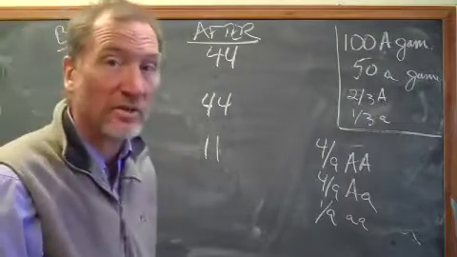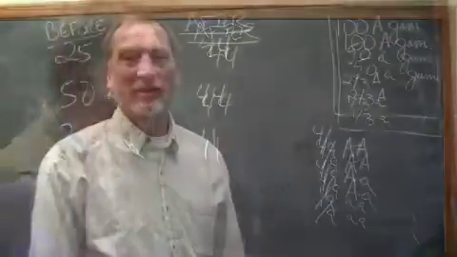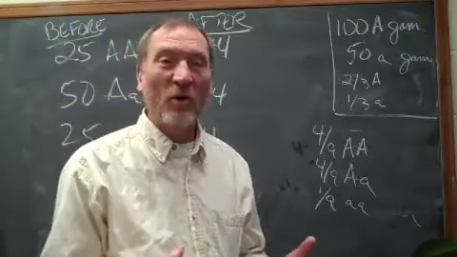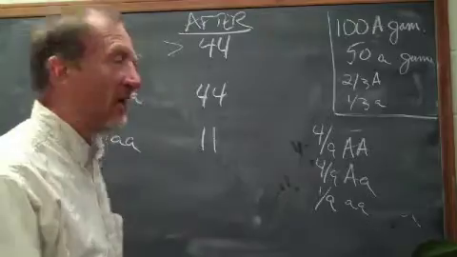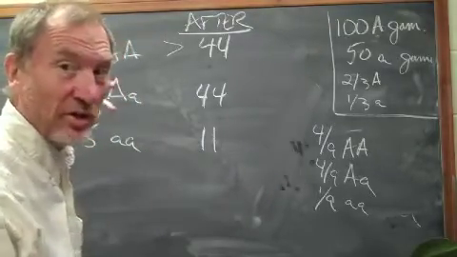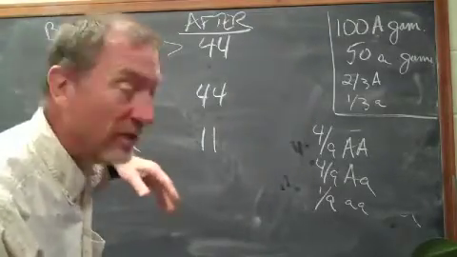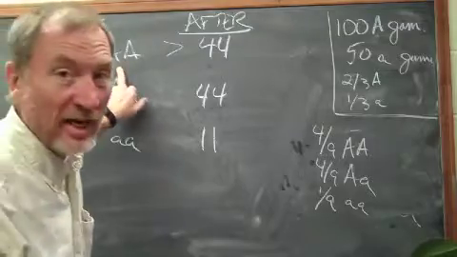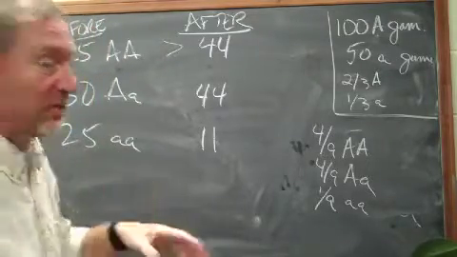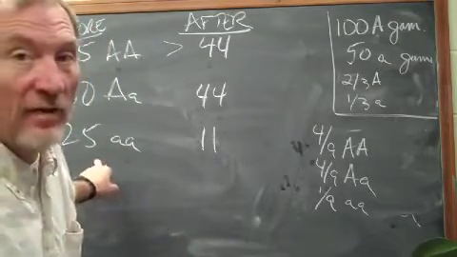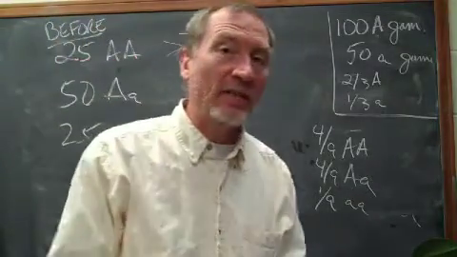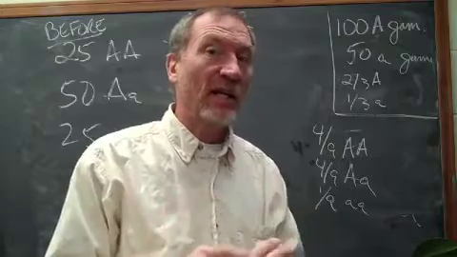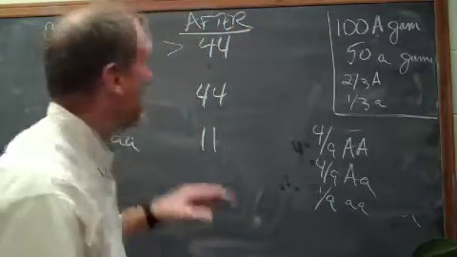So what's happened as a result of one generation of selection? The very cool thing that I wanted to show you is that, remember, we started with a population of 100 that had 25 big A individuals, 50 heterozygotes, and 25 homozygous recessive individuals. And then after this selection against the little a individuals, it really changed things.